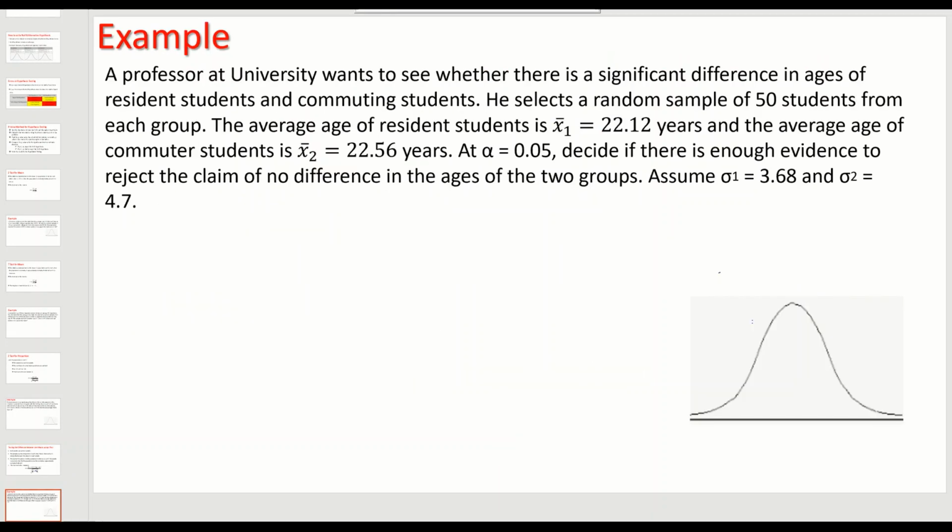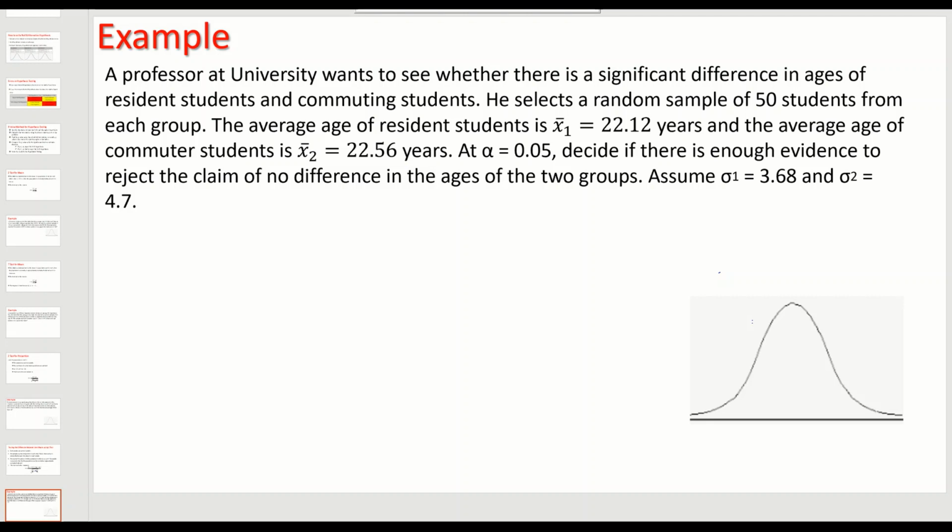Okay, here is the example. A professor at a university wants to see whether there is a significant difference in ages of resident students and commuting students. He selects a random sample of 50 students from each group.